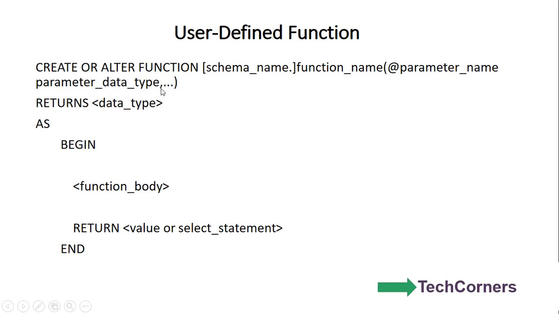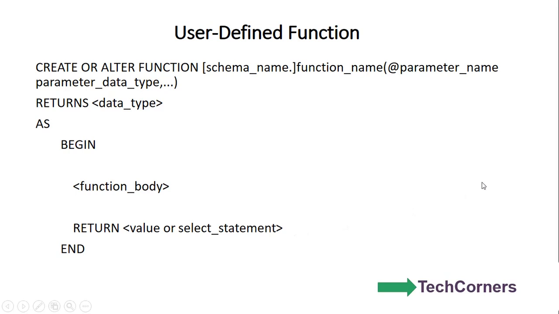We can pass multiple parameters as per our requirement, and then we need to specify the return keyword and its data type, what kind of data type you want to return from the function, and then specify the as keyword, and inside the begin and end section we give the function body and then return the value.